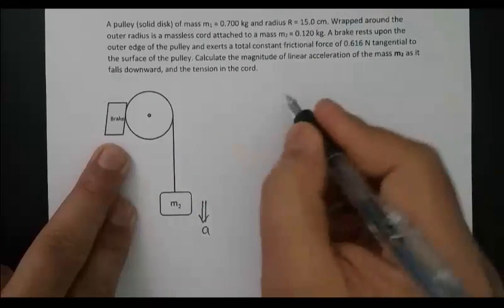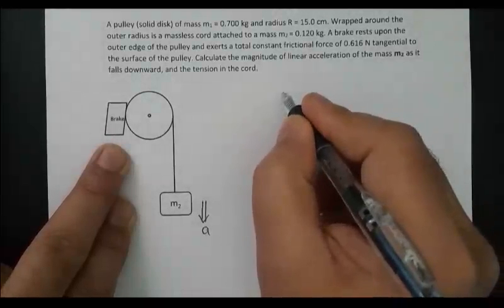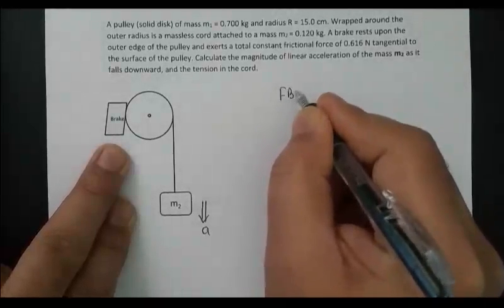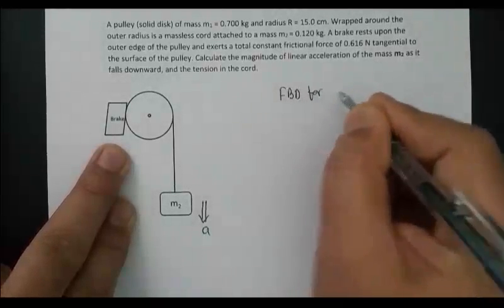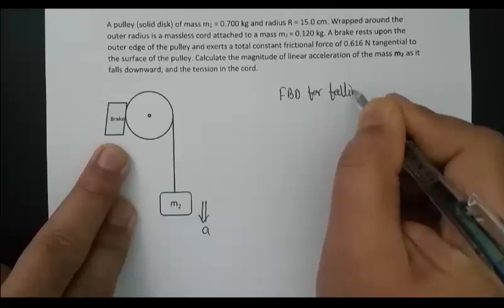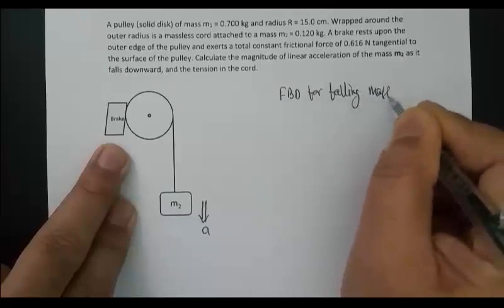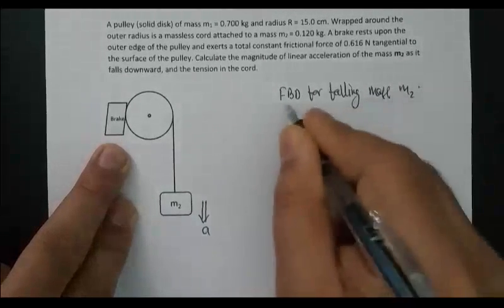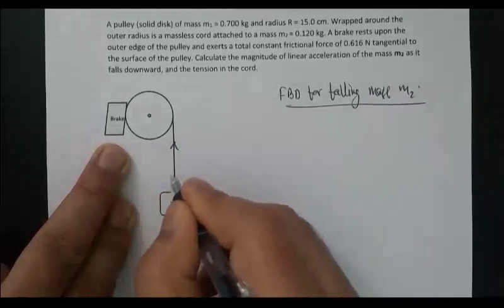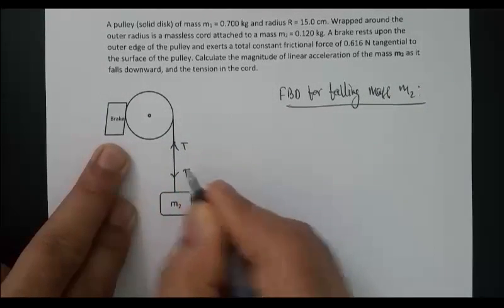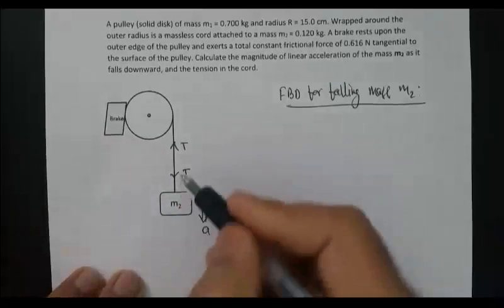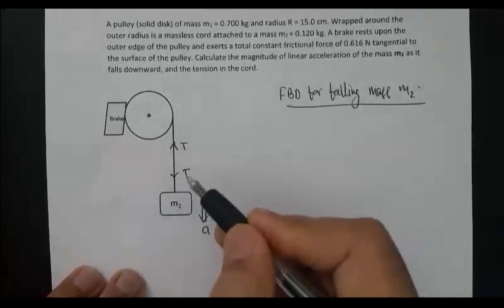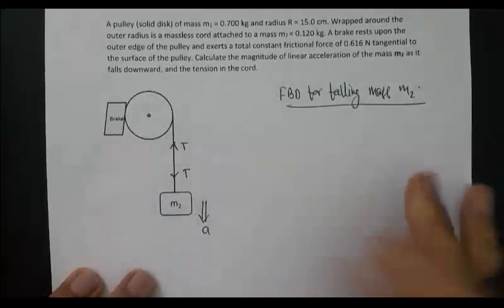So again, you need a free body diagram. First, the free body diagram for the falling mass, which is m2. Remember again, this tension will develop everywhere, like pressure, right? Tension is everywhere, equal and opposite.